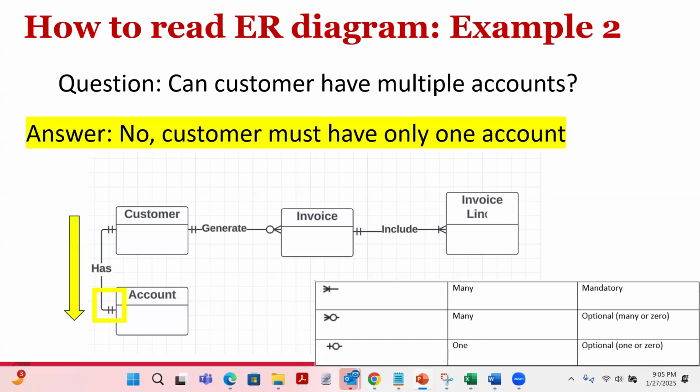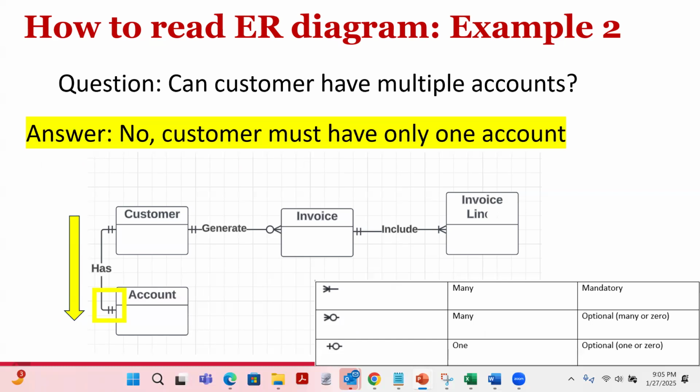In this case, we are reading the symbol, which is two vertical lines, which again, based on the diagram below, means that it's one and mandatory, right? One vertical line means mandatory, and this vertical line that is closer to the actual entity means that it's one.